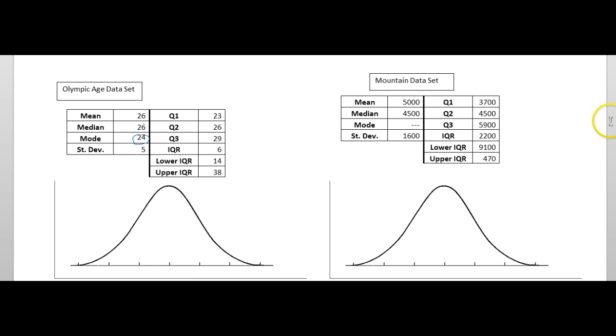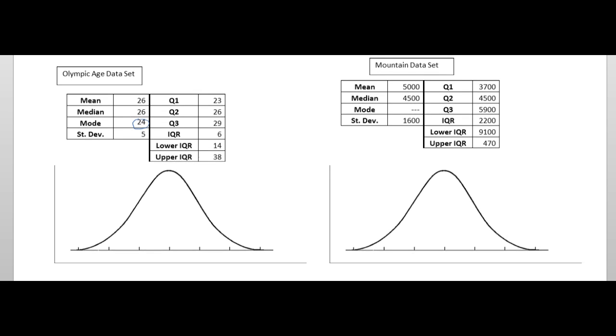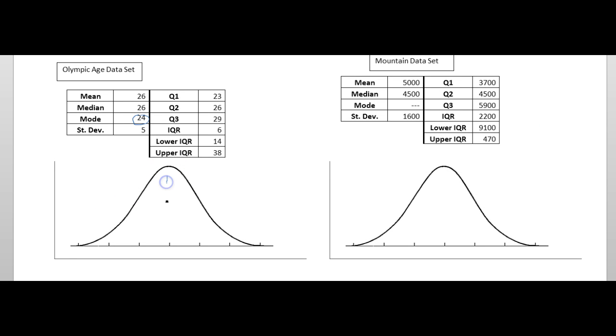All right, let me scoot this down just a little bit here. This middle right here, that is our mean, and in the Olympic data set, our mean was 26. We did our calculation and got a standard deviation of 5. By the way, I'm rounding everything so the numbers are easy to work with. What that means is if we go out one distance, whatever that distance is, we can make that arbitrarily far, but we just call it 1, and we go in the positive direction, 1 to the right, this corresponds to the age of 31.